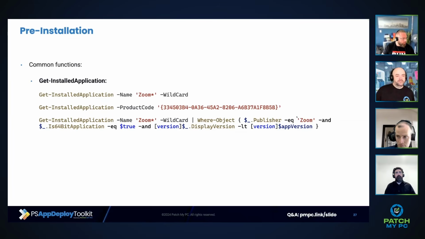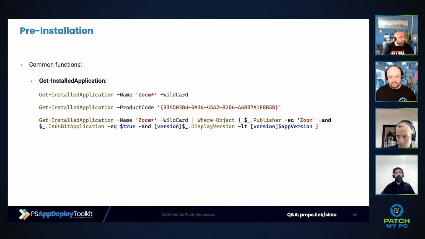Okay, so the functions that we've got here. Get installed application will return all of the applications on the system that match the parameters that you send here. So name, Zoom star with a wildcard, that will literally just bring back everything that starts with Zoom. You can ask it to pull back the information if an application exists with a specific product code.